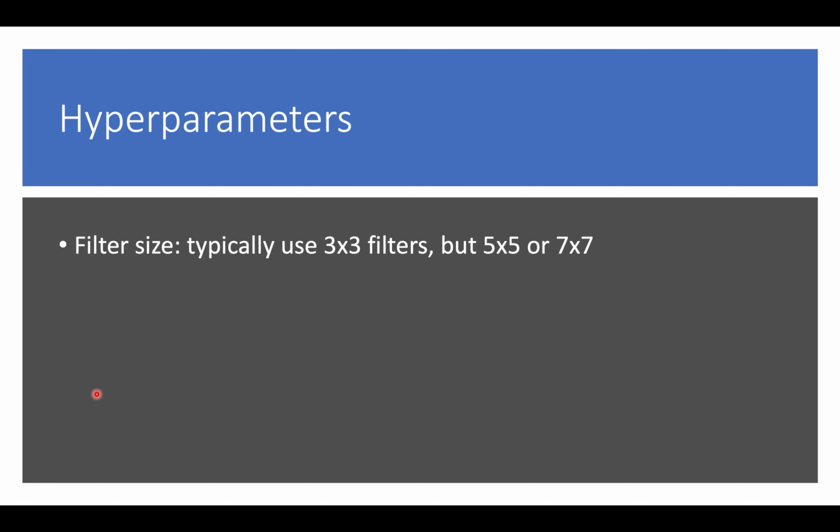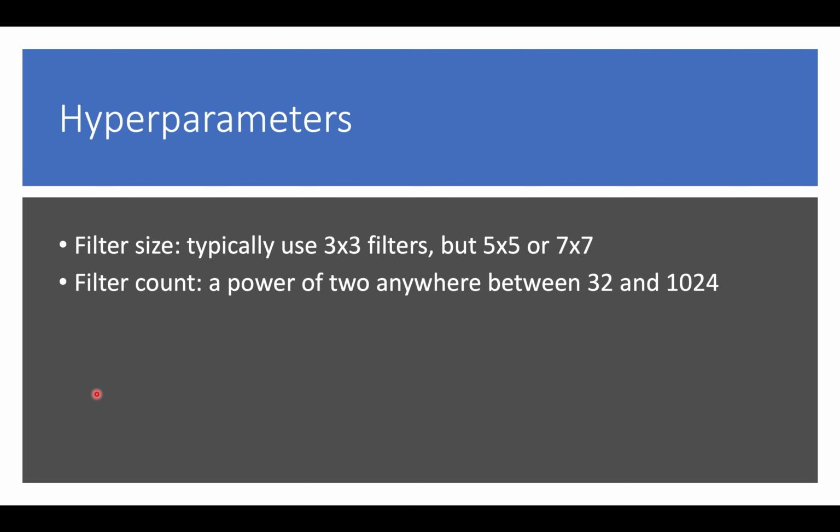There are also 1 by 1 filters, which we don't talk about here, but at first sight it might look strange, though there are sometimes interesting applications for it. Remember that these filters are 3D and have a depth dimension as well, but since the depth of a filter at a given layer is equal to the depth of its input, we omit that.